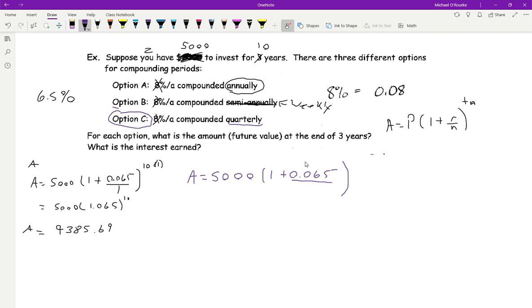You football players should know what quarterly is. How many quarters in a football game, Colin? So what number goes underneath? Because you divide the year into 4, right? And up here is going to be t times 4, 10 times 4.